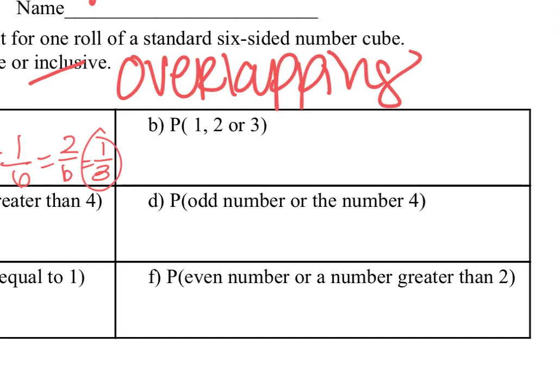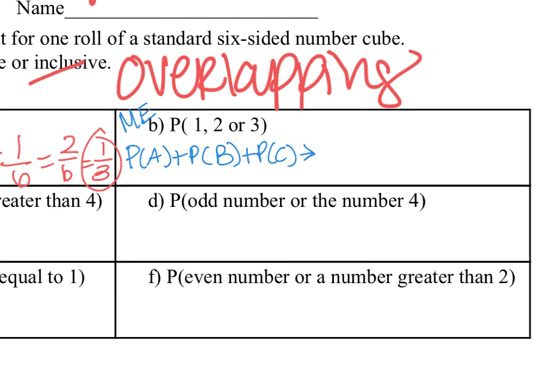Part B. Okay, so you have the probability of 1, 2, or 3. I'm saying that there's no overlapping here, so they are mutually exclusive again. That means you're going to take probability of A plus probability of B plus probability of C. A is 1, B is 2, C is 3.